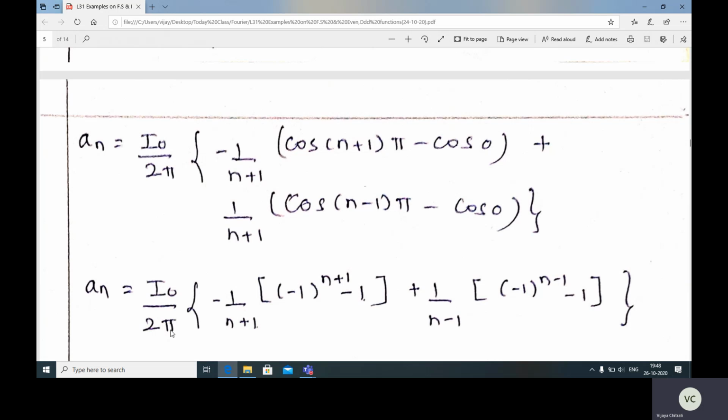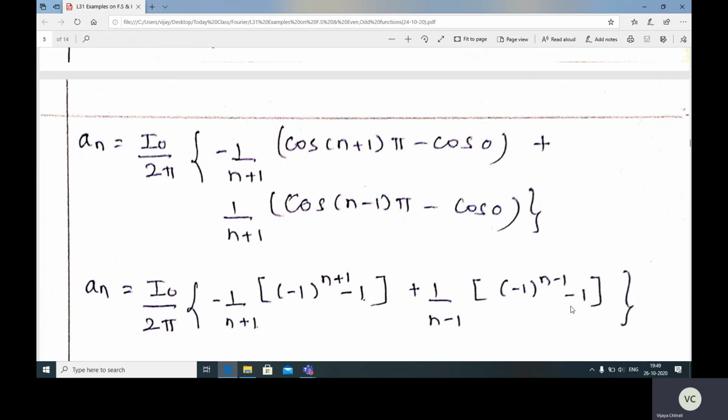Now a_n is equal to I₀ divided by 2π, [−1/(n+1)]. Here cos nπ is (−1)^n. So cos (n+1)π will be (−1)^(n+1) minus 1, plus 1/(n−1) as it is, [(−1)^(n−1) minus 1], because cos (n−1)π is (−1)^(n−1).